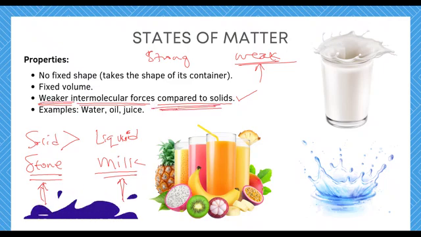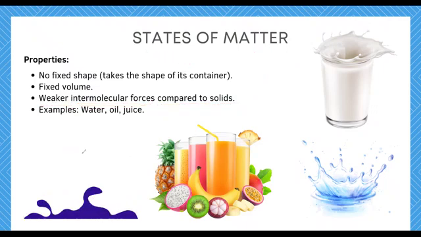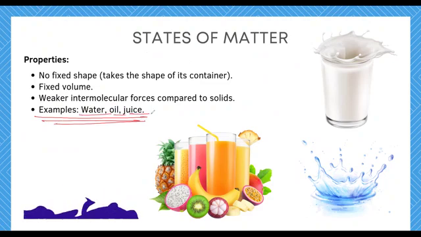In other words, the forces that hold the particles of a solid together are greater than the forces that hold the particles of a liquid together. And then the fourth property are the examples of liquids. We have water, we have oil, and we have juice. That was supposed to be for you, Dominic. That's a no-brainer. So let's proceed.